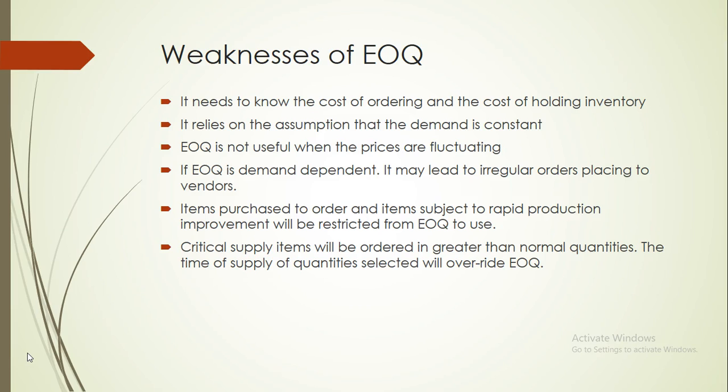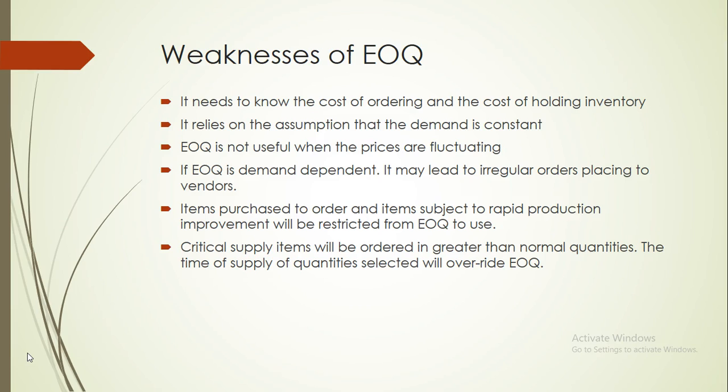As I said before, demand won't be constant at all. It keeps changing depending on different variables, and outside variables affect the demand every time. EOQ is not useful when prices are fluctuating. If the EOQ is demand dependent, it may lead to irregular orders placed with the vendor.